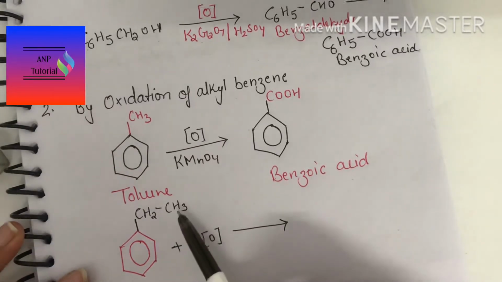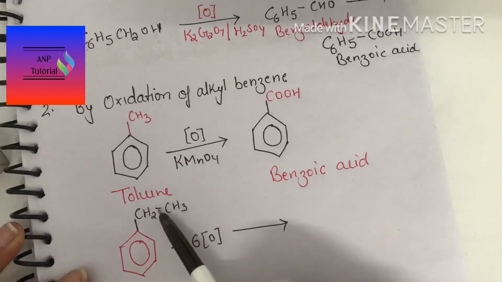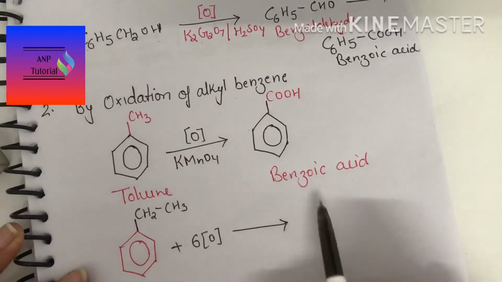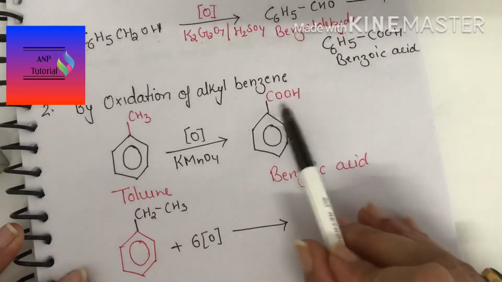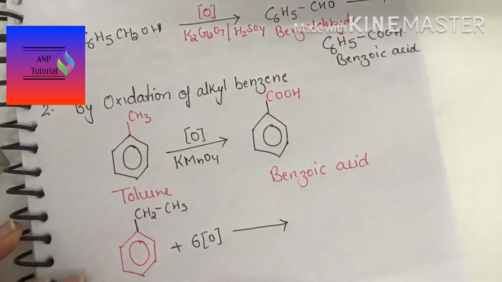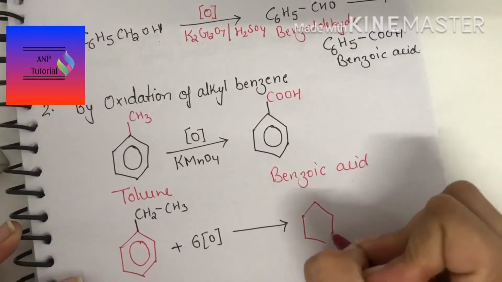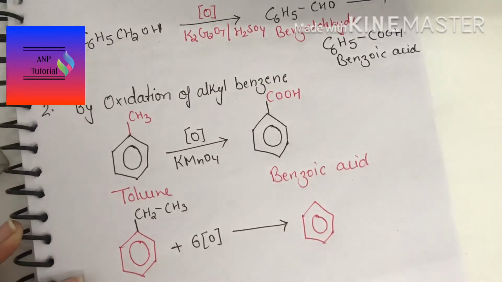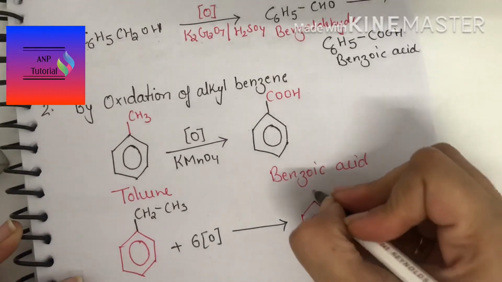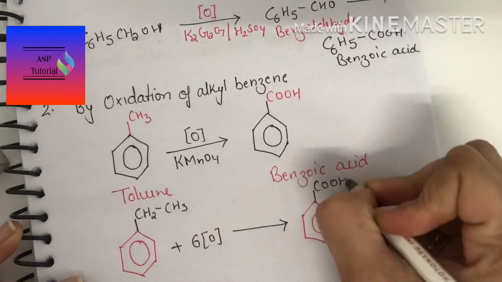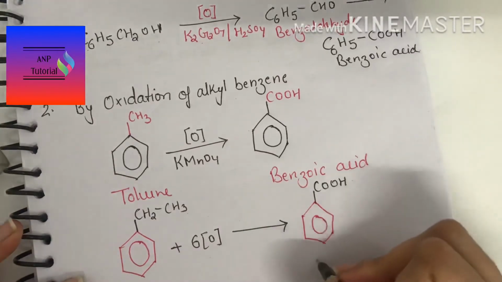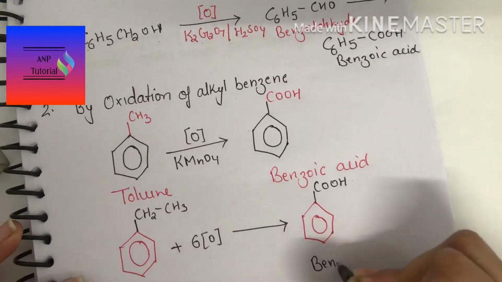As I told you earlier, whatever the length of the alkyl group, it is directly converted into the carboxylic group, COOH. So you will understand. We write the benzene ring as it is, and this CH2CH3 group changes into the COOH group, benzoic acid.